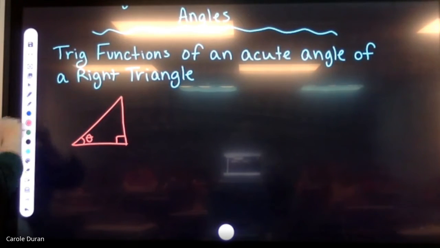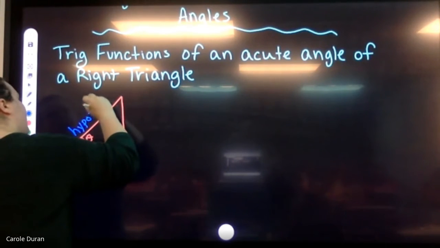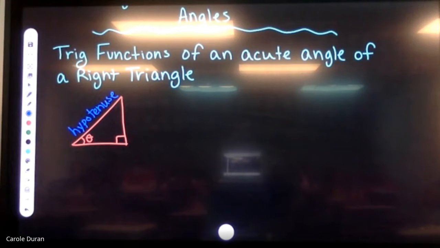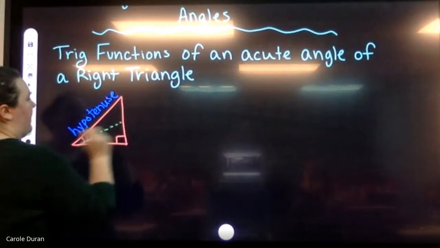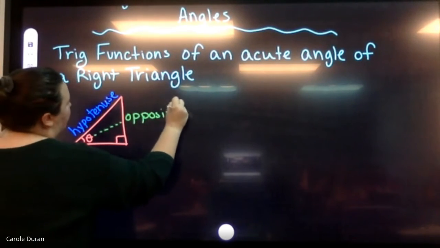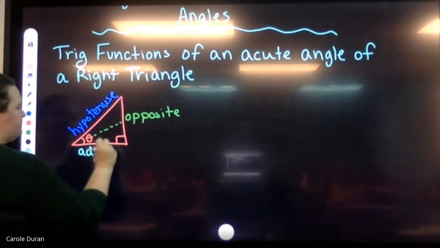The one that never changes is the hypotenuse of my triangle, because that's always the diagonal across from our 90-degree angle. Our two other sides are going to be opposite and adjacent. As you can probably guess, the opposite side is the side opposite my angle theta. And the adjacent side is the side that touches my angle theta.